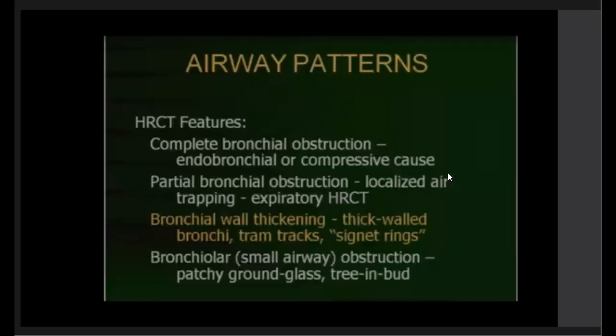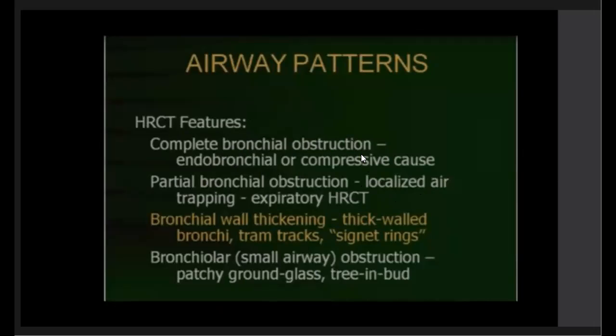Bronchial wall thickening, as we see here, here, and here. Bronchial wall thickening can also be seen with high resolution CT scan, and this will be discussed in some detail in the CT lectures.